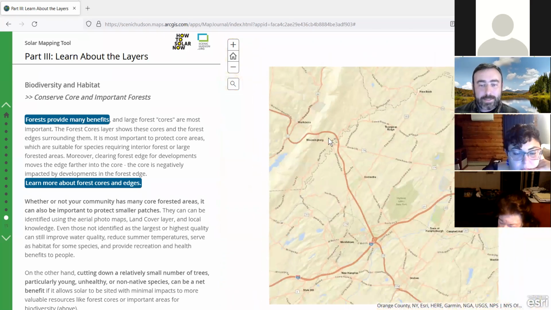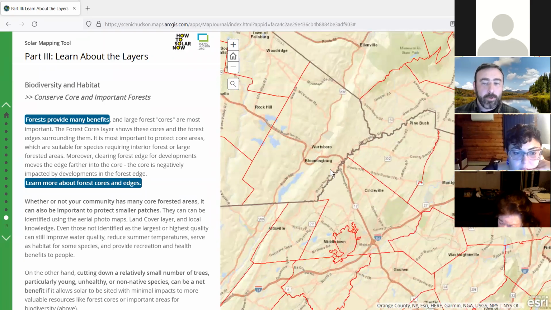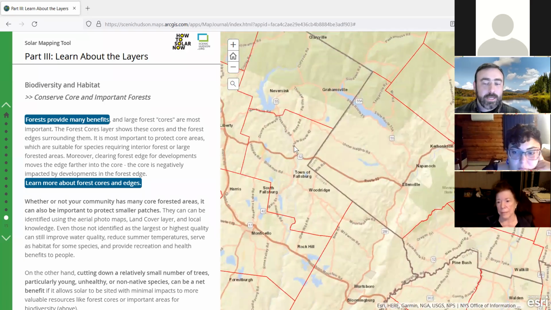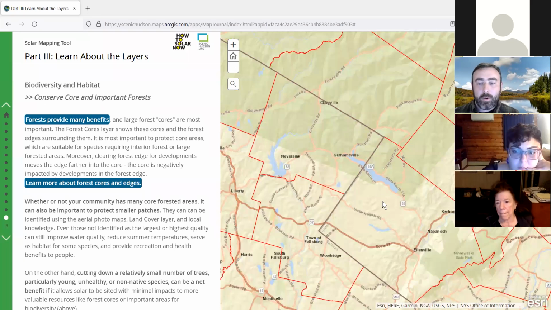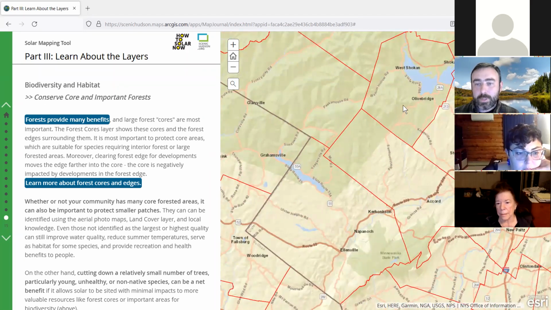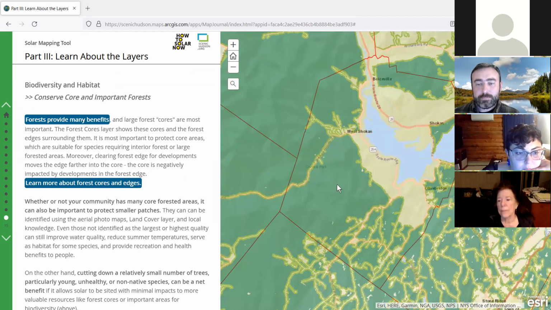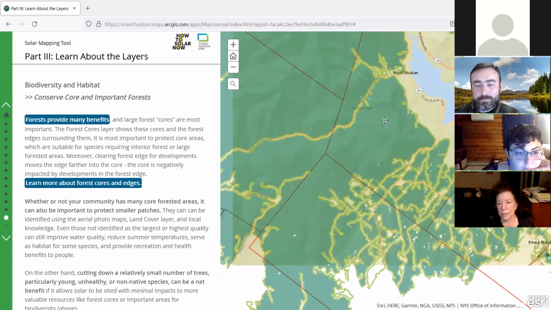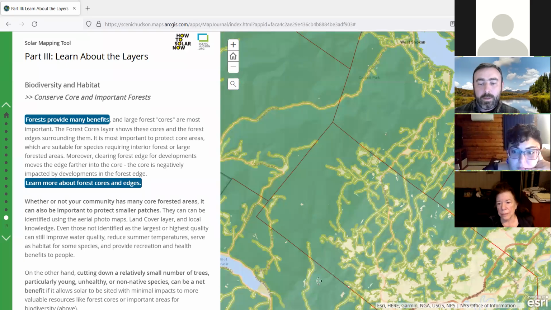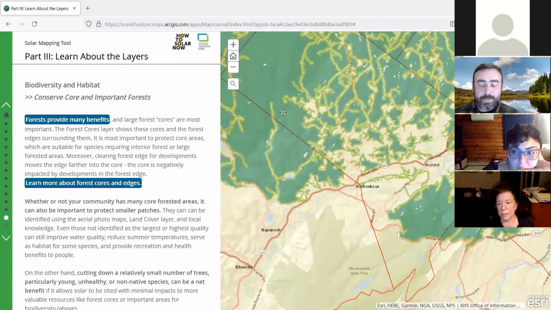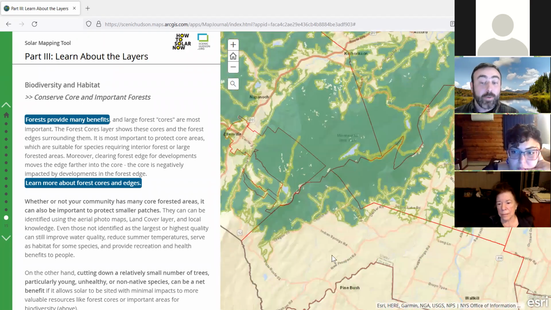There are towns in the Catskills that are wall-to-wall forest core. And if they want to site solar, they're going to have to think about where they want that solar to go. There are other towns like the town of Poughkeepsie or some of the cities in the Hudson Valley that have almost no forests.